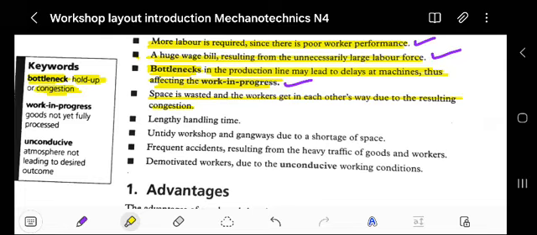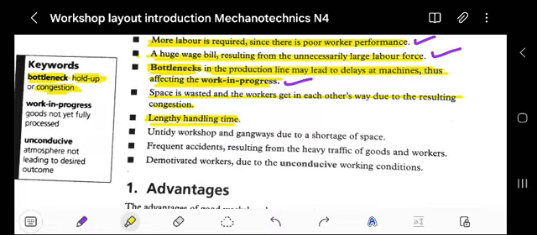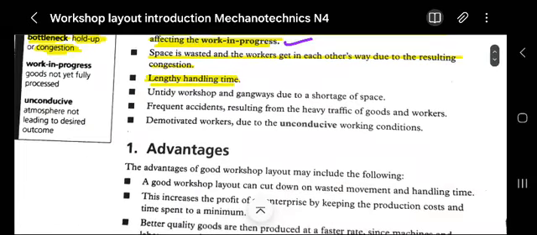Each stage suffers as a result of congestion, with lengthy handling time. The process takes long. Poor time management will result in poor production.